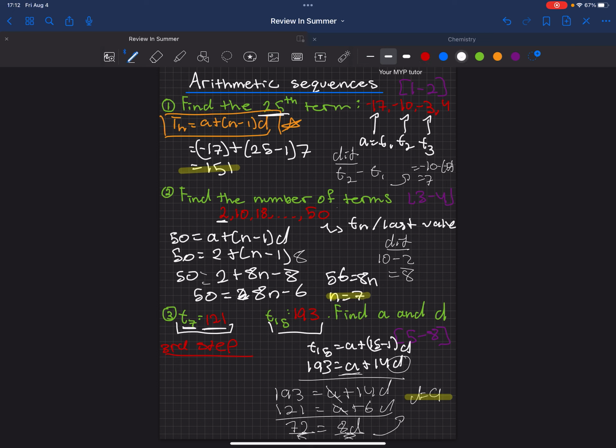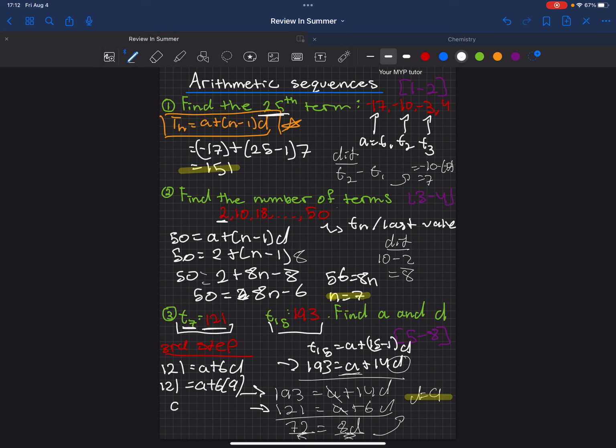So we're going to substitute the value of d into this equation or this equation. So either one of these two. It doesn't matter which one. You could pick. I'm going to choose this one. 121 equals a plus 6d. a plus 6 times 9, because we know that the value of d is 9.